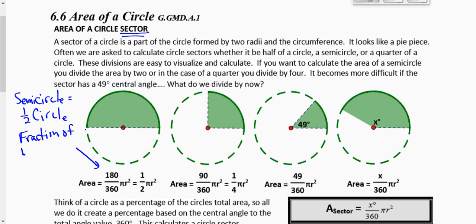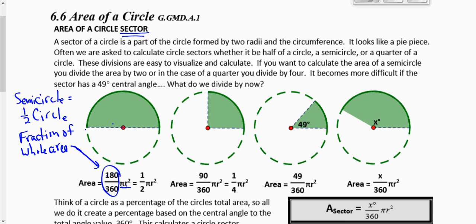And that's this, 180 over 360. That's our fraction of the entire area. The entire area of a circle is pi r squared. Well, a semicircle is half. Isn't 180 over 360 the fraction 1/2? So basically the area of a semicircle is 1/2 pi r squared.